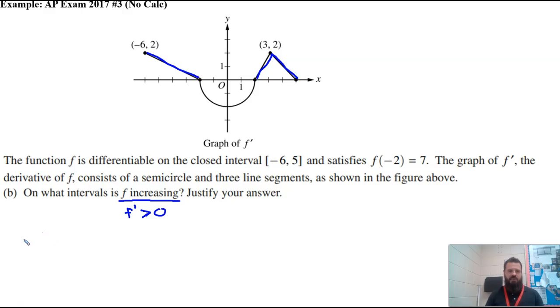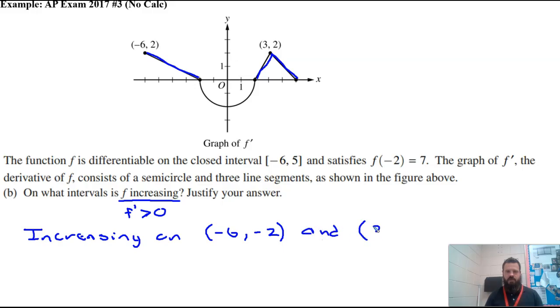All right, so our answer then is going to be increasing on, let's say, -6 to -2 and 2 to 5.